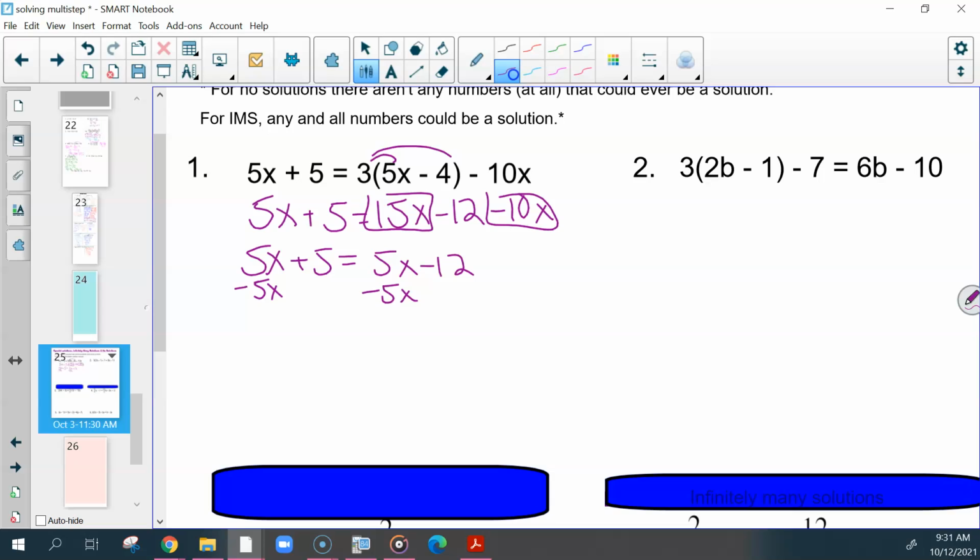When we do this, these cancel, nothing's left except for 5. 5 minus 5x also cancels, nothing's left except for negative 12. So when you get to this part, you have two constants. Does 5 equal negative 12? No. Because these two numbers are not the same, this is not a solution. This doesn't have any solutions.